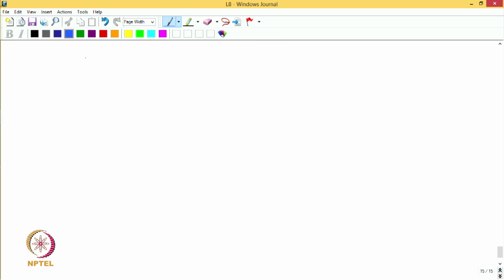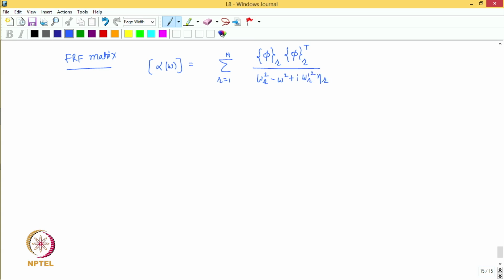So the FRF matrix alpha of omega is simply the summation over r from 1 to n of phi r phi r transpose divided by omega r square minus omega square plus i omega r square eta r. That is the FRF matrix.